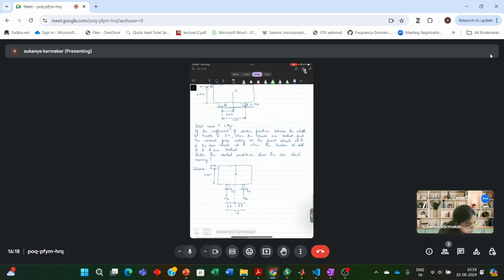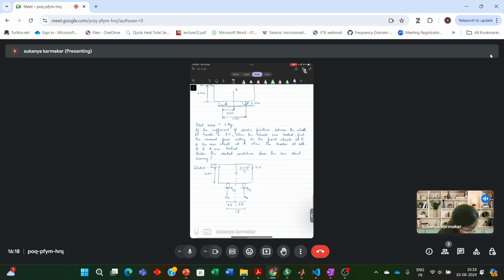And total mass is 6 mega grams, so 6 into 10 to the power 6 grams, which when multiplied by 9.81 is this much Newton.